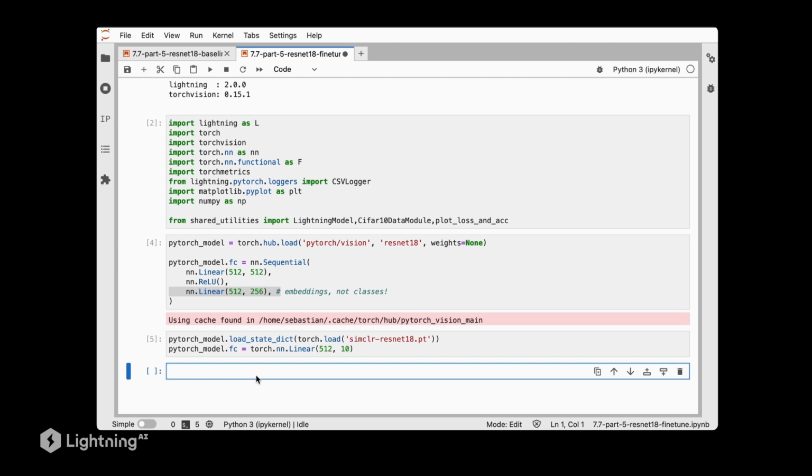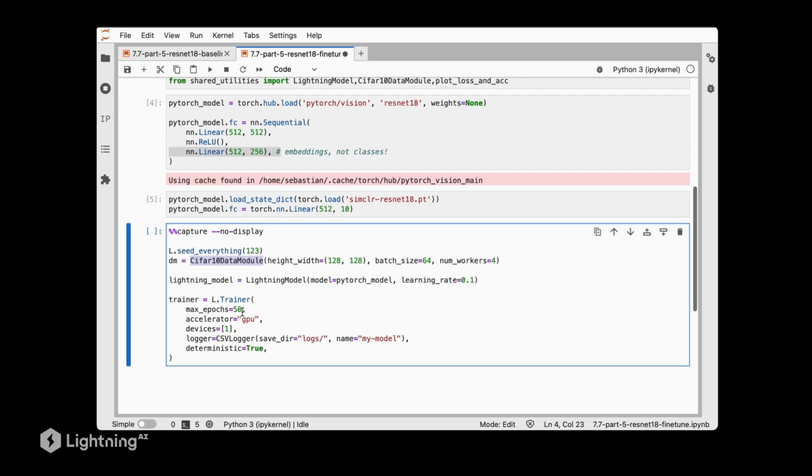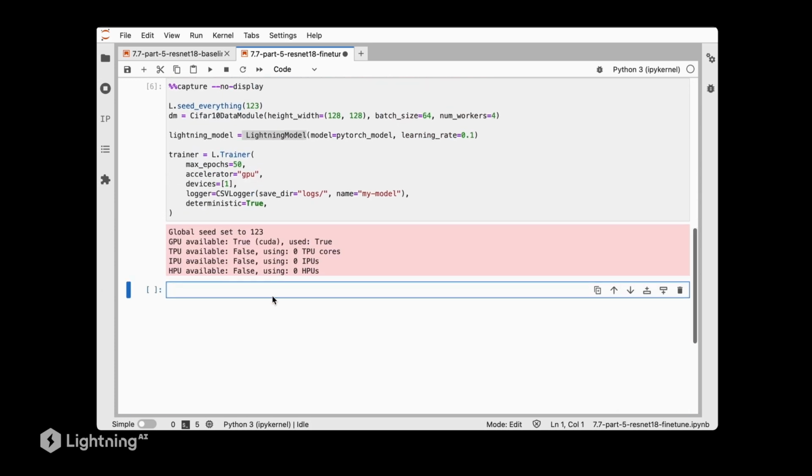Yeah, and then we can reuse our previous Lightning module that we had for classification. We just instantiate our dataset, the CIFAR-10 dataset. We use the previous Lightning model, not the SimCLR one, the one we had before, and then train this as a regular classifier. So we can instantiate this and then just fit the model.